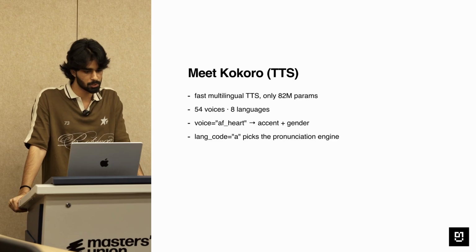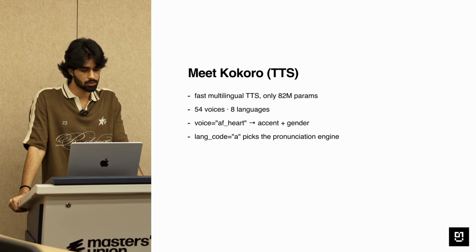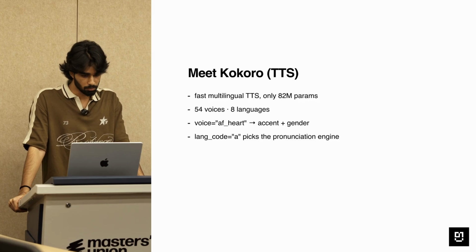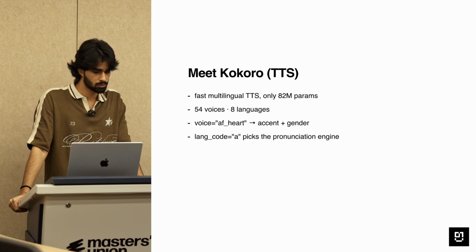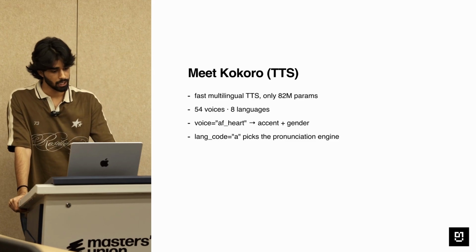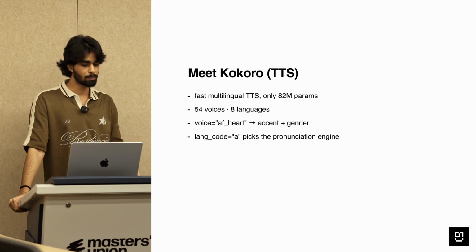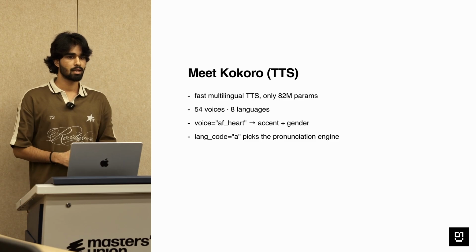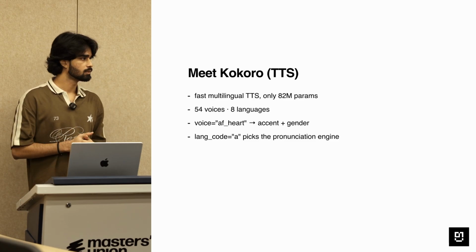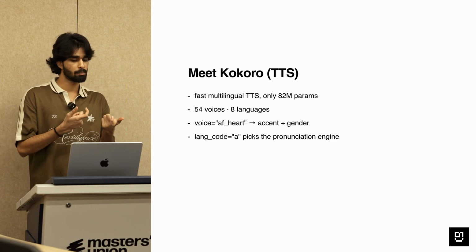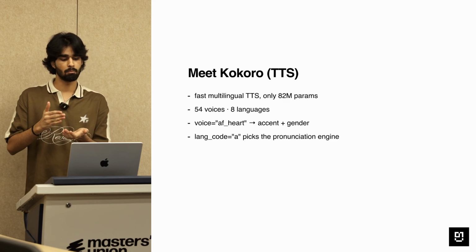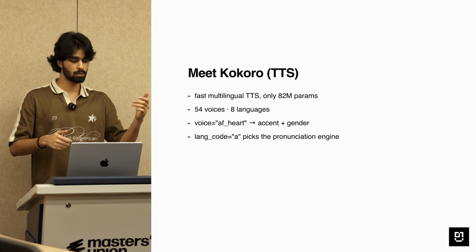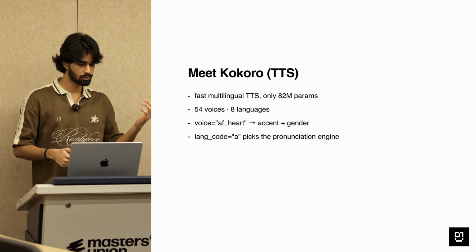So I was trying to build something from that, so I used a model for TTS, which is Kokoro, which I mentioned earlier, a very fast multilingual TTS. Now this can also speak in Japanese, which is amazing for just 82 million parameters. This has 54 voices and 8 languages and many presets of voices. Like one is AF heart. Imagine it as an accent, a girl's voice with some accent, and there are multiple types of voices, which could be male, could be a Japanese voice, could be a girl with a British accent or anything.